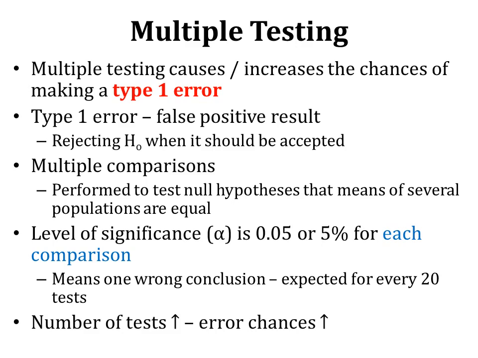For example, if you have performed only one test, your chance of error is 5%. If you have performed 2 tests, then the chance of making an error is 10%. And if you have performed 3 tests for a single experiment, then the chance of making a type 1 error is 15%. So the chances of making a type 1 error increase as the number of tests in a single analysis, in a single experiment, increases.